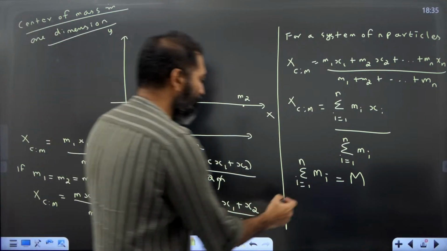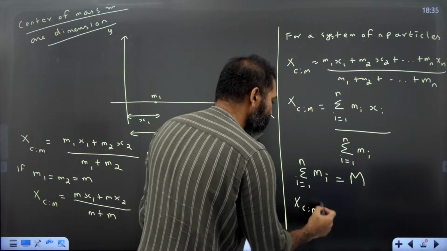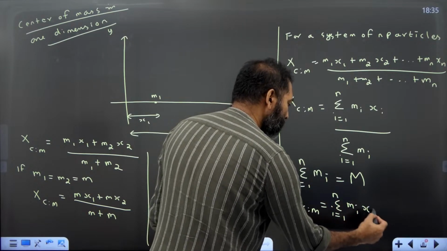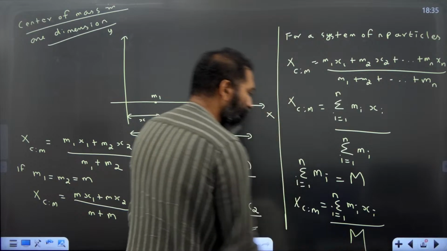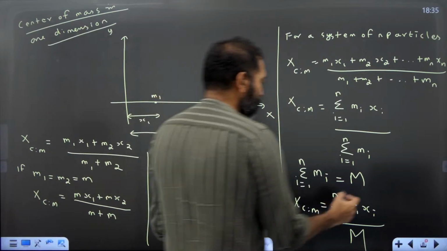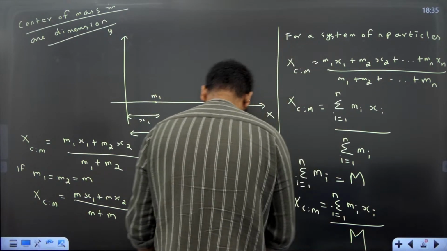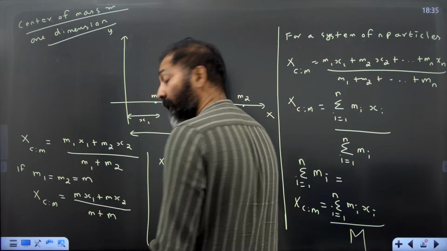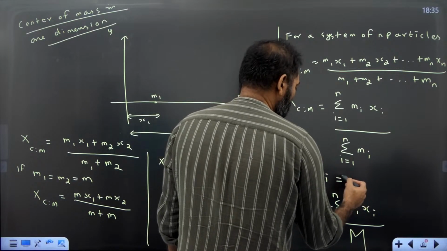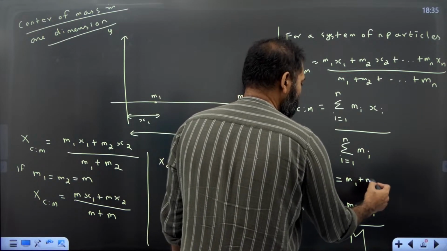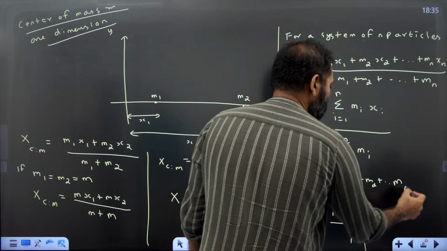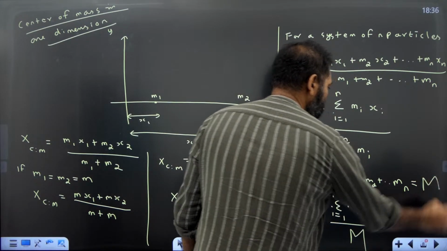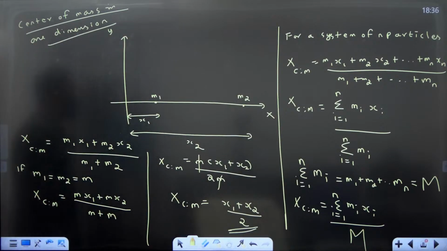Total mass, capital letter M. So you can write another equation for center of mass: sigma over i equal to 1 to n of mi xi divided by total mass, capital letter M. So what is the portion of center of mass?